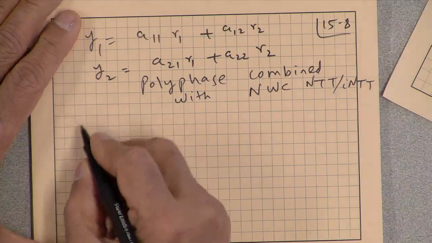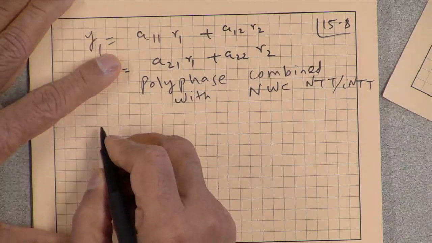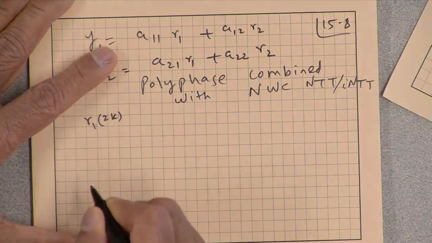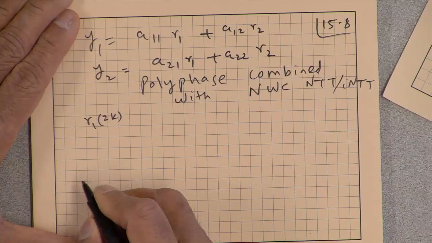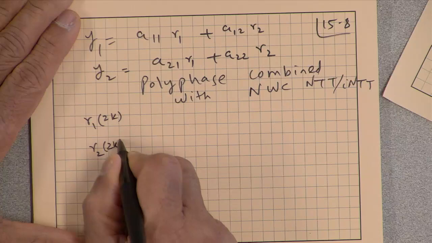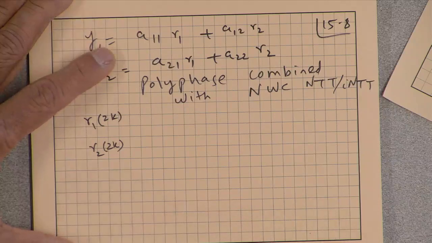So I can then say that R1 2k is R1 even, and R1 2k plus 1 is odd.